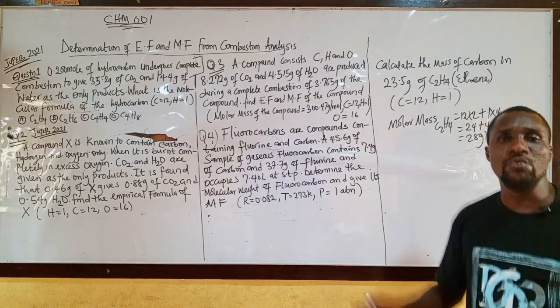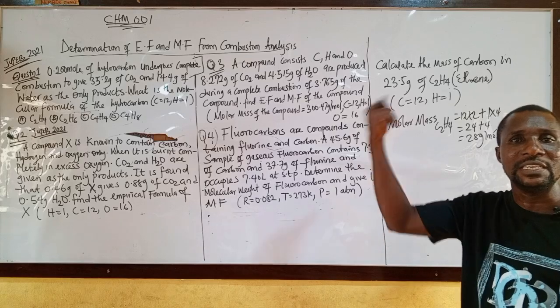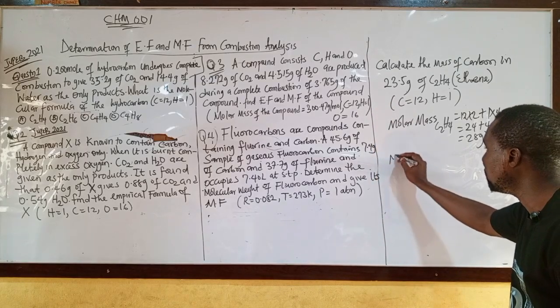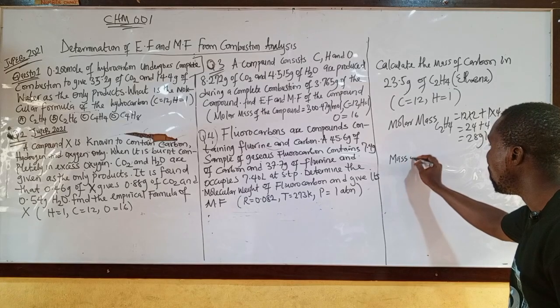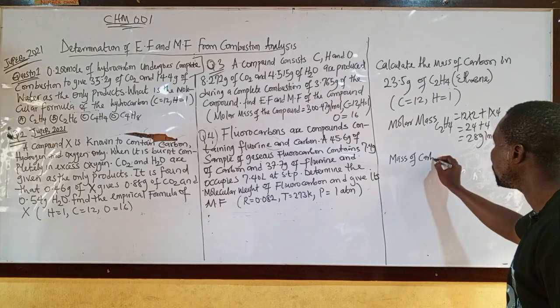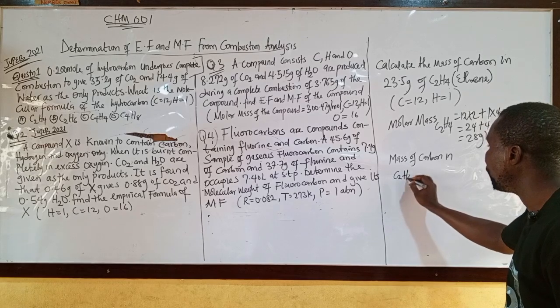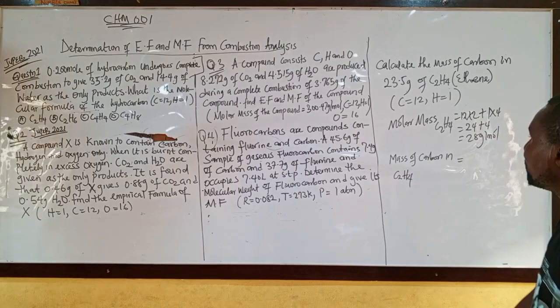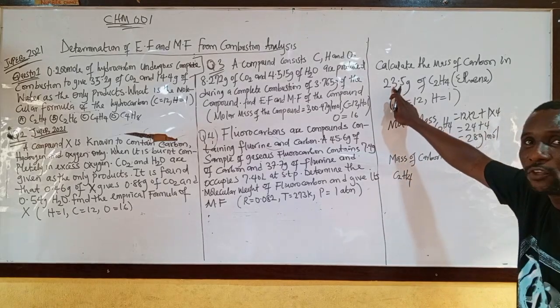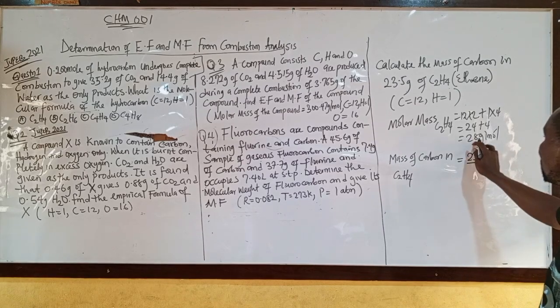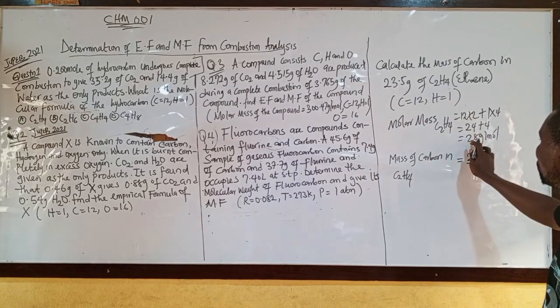Then how do we calculate the mass of carbon in that mass of C2H4? This is the concept. Mass of carbon in C2H4 is calculated as the mass of the compound, which is 23.5, over the molar mass of the compound, which is 28.